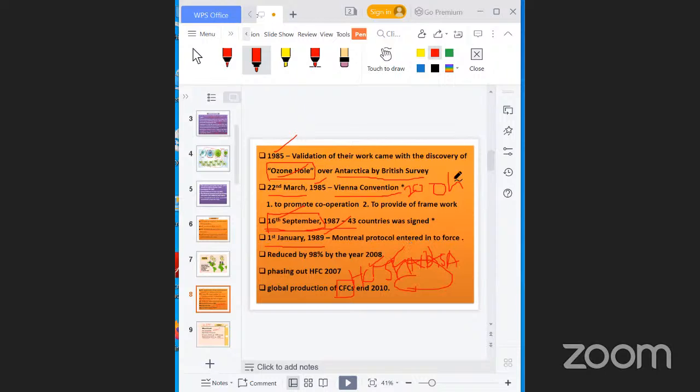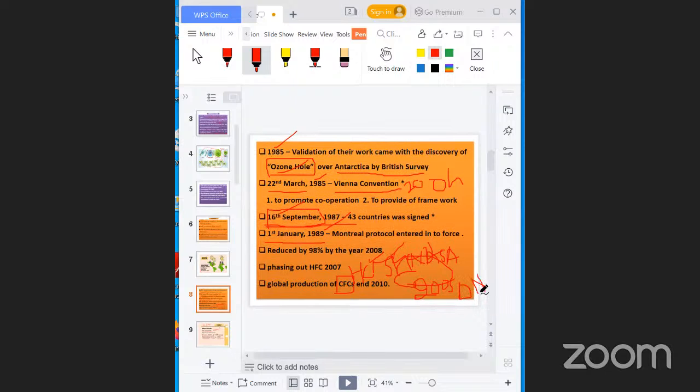However, this deadline was extended to 2005 for the developing nations. So you have separate deadlines for developing and developed nations.